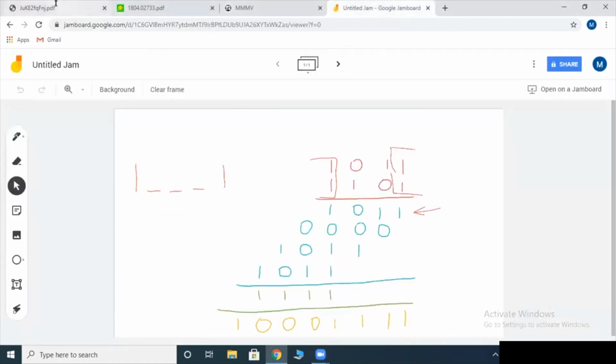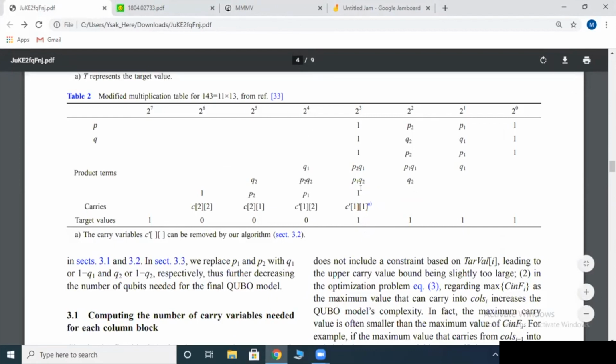Now, how they have named it is, as I have already told, we are dividing it into columns, with column numbers based on the maximum carry bits that can be generated. It is divided into this first column, 2 raised to 1 and 2 raised to 2, this next column, and this next column. Now this value will be column 1's first bit and this will be column 1's second bit carry.